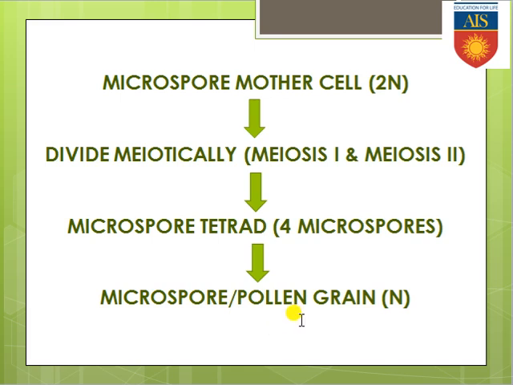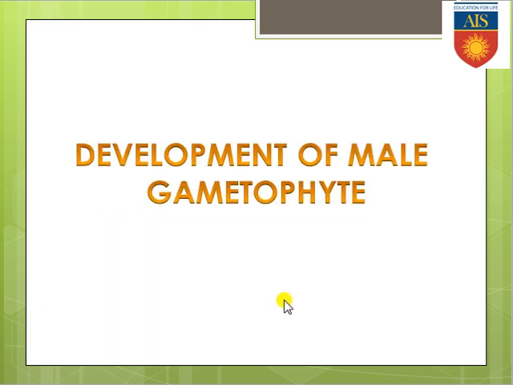So when those microspores are present in the tetrad form, at that time they were not functional, but when they get separated or dissociated from each other, they become functional, and each microspore or pollen grain will function as a single unit for pollination. Going to the next slide.